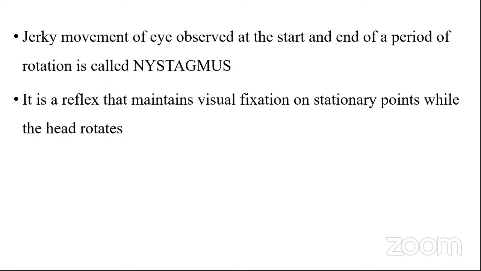This is known as nystagmus. The commonest cause of central nervous system abnormality that causes nystagmus is cerebellar lesion. Horizontal nystagmus is present in cerebellar lesions.